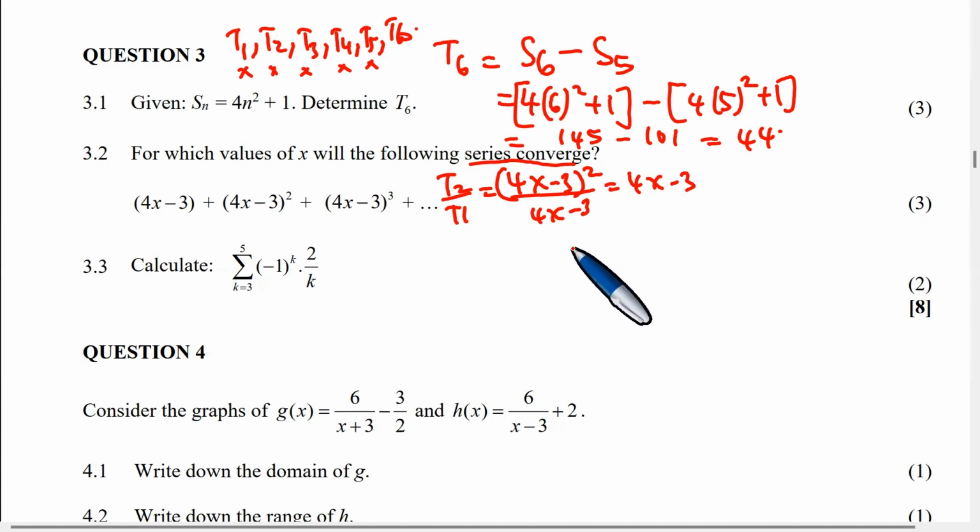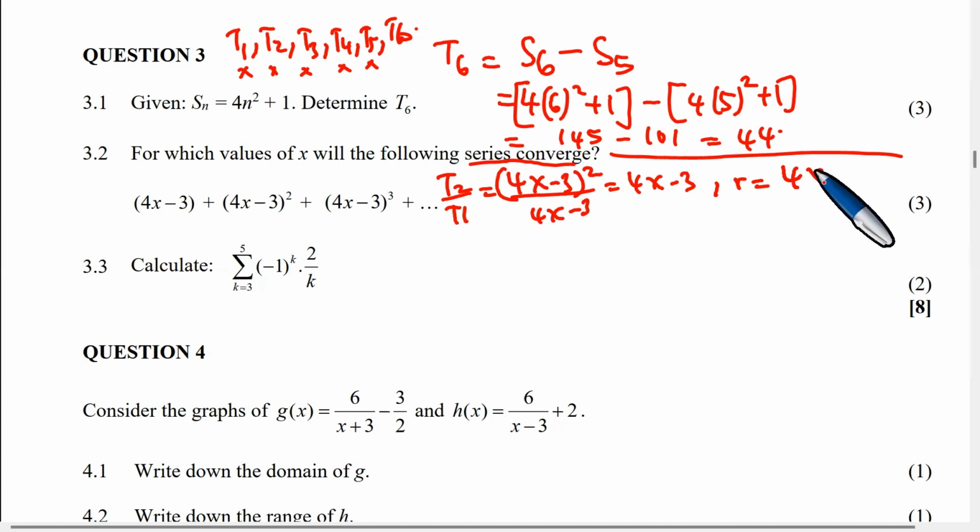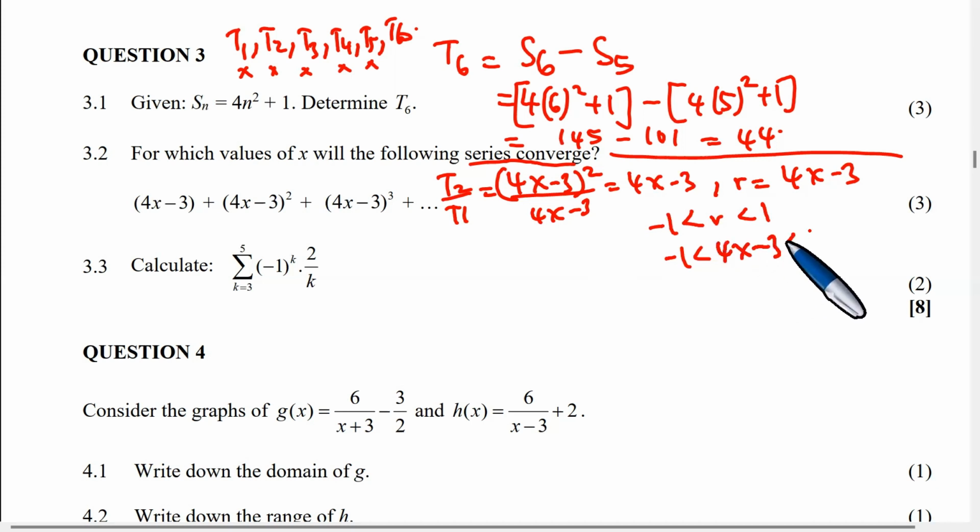And therefore what we have here is the constant ratio, which is 4x - 3. We want to find the values of x such that there's convergence. We require that the absolute value of R be less than 1, so -1 < 4x - 3 < 1.